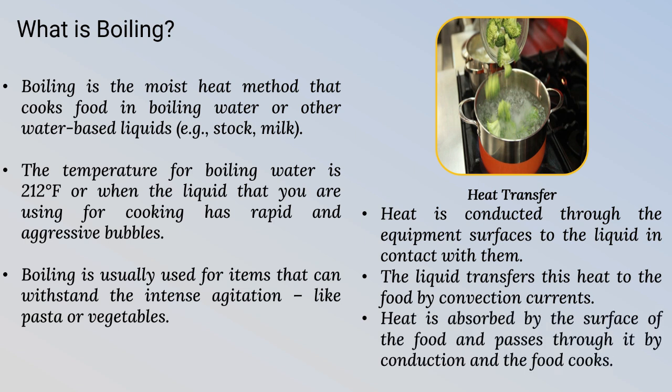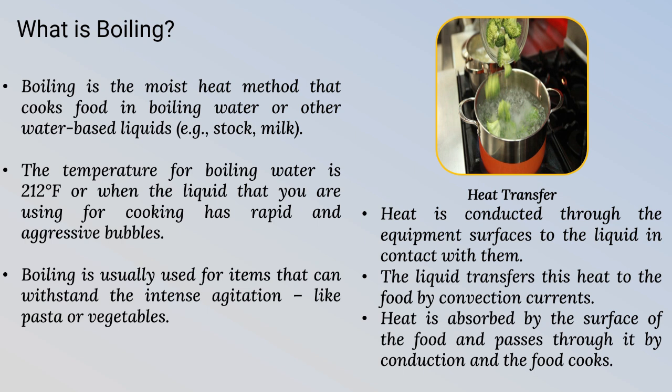Heat is absorbed by the surface of the food and passes through it by conduction, and ultimately the food gets cooked. So it is basically conduction and convection. First, the metal container gets heated, and it heats the liquid through conduction.